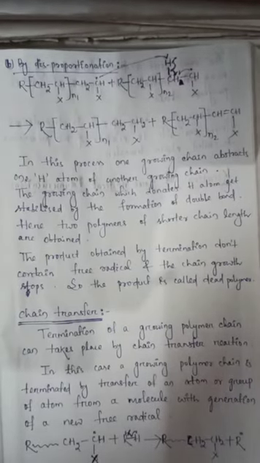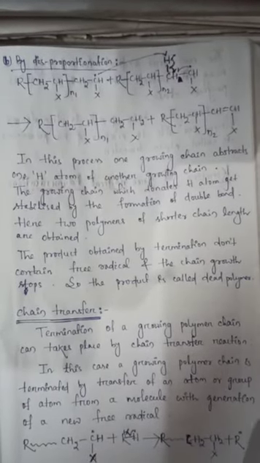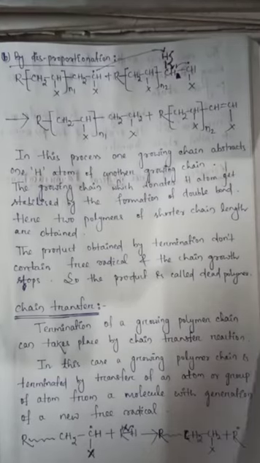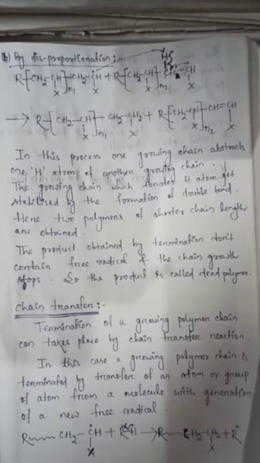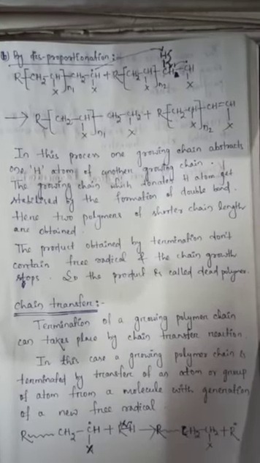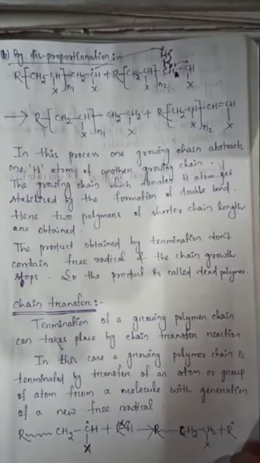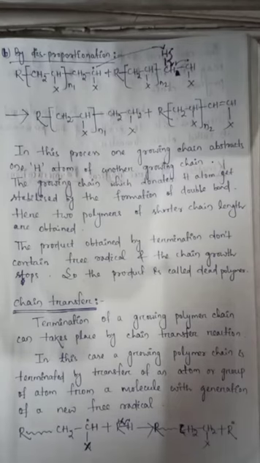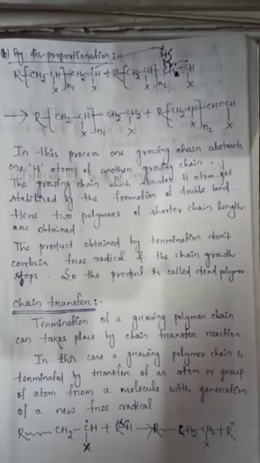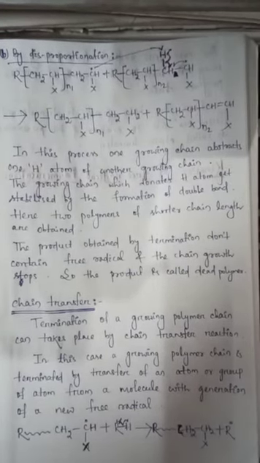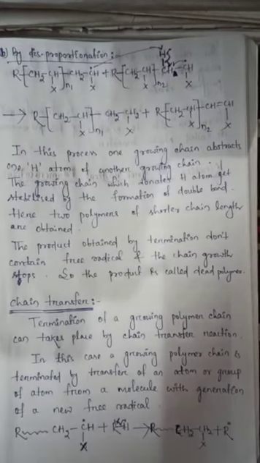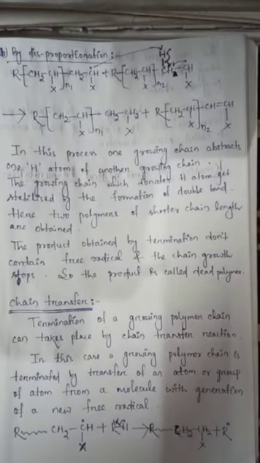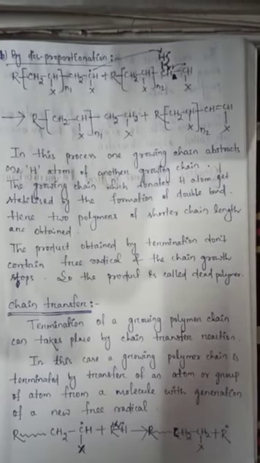The growing chain is terminated, but a new free radical is also formed, which may or may not react further with another polymer, but we get the dead polymer as well as a radical.